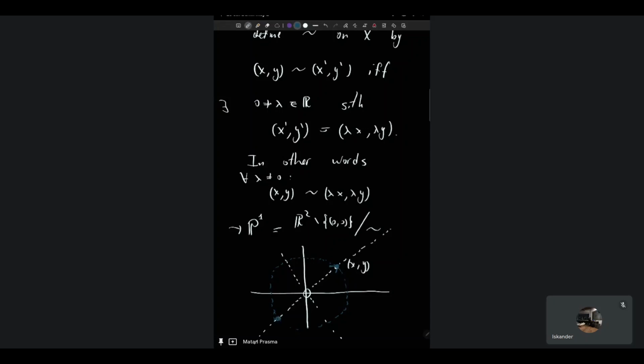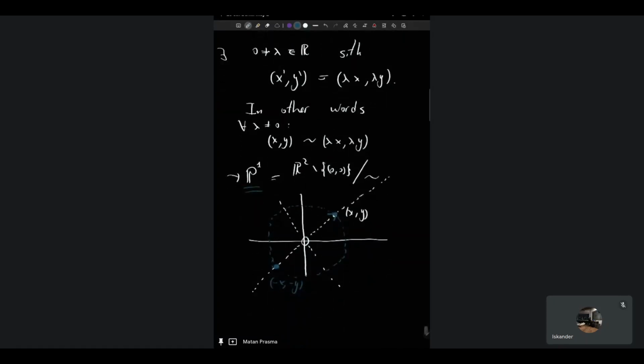This is the element you get when you take a minus on both of the coordinates. And the projective line can be equivalently described as the unit circle when I identify two antipodal points.